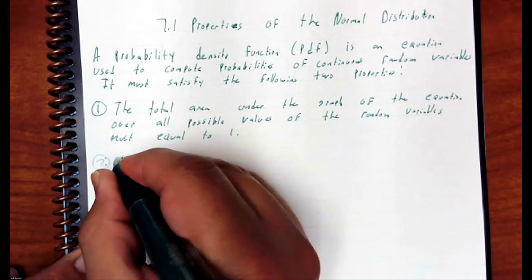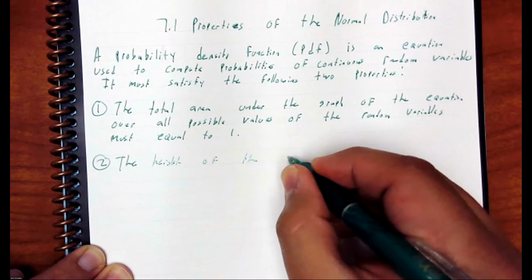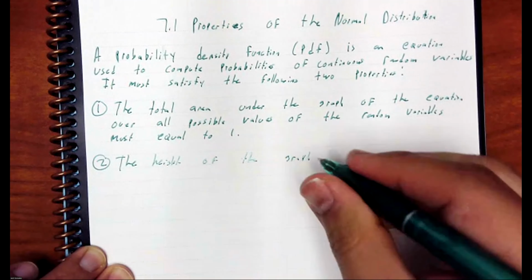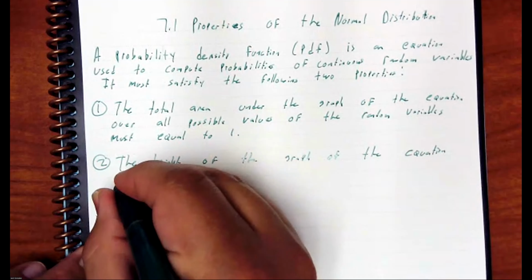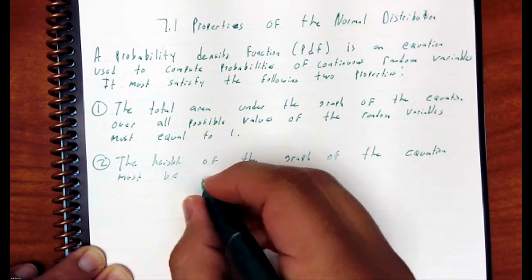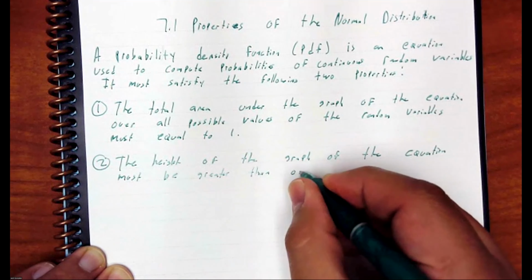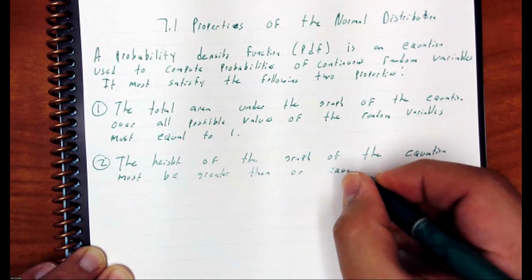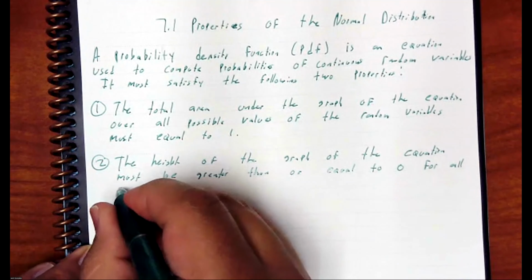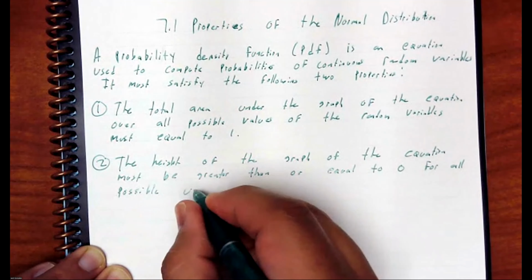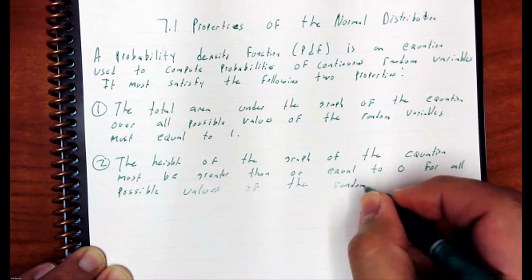Number 2, the height of the graph of the equation must be greater than or equal to 0 for all possible values of the random variable.